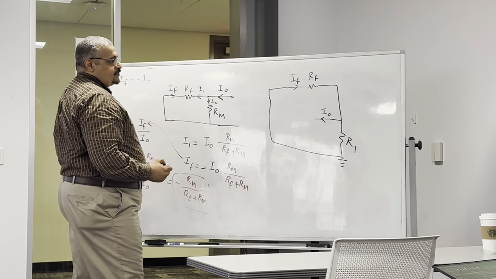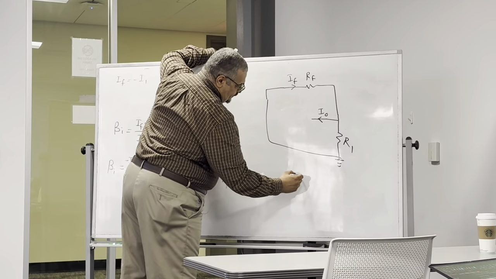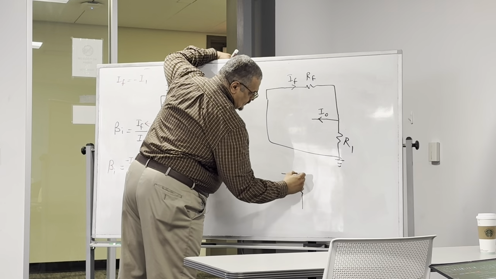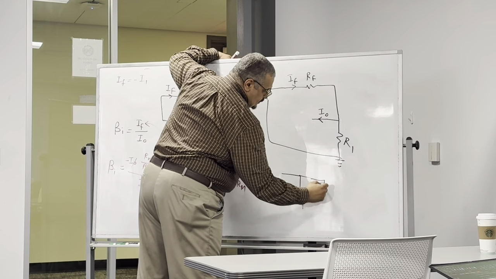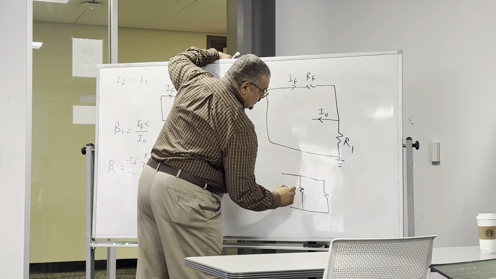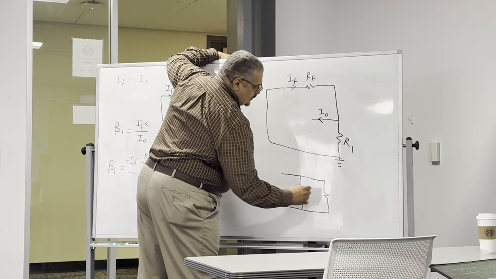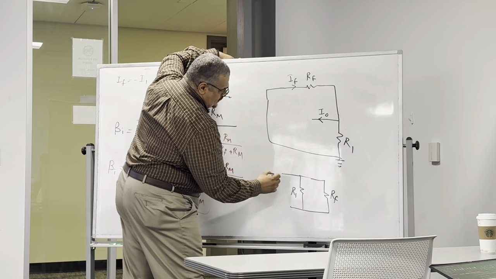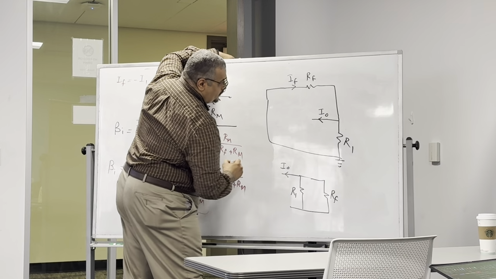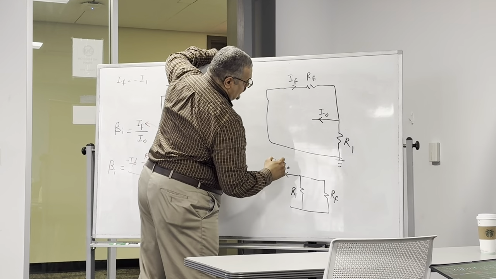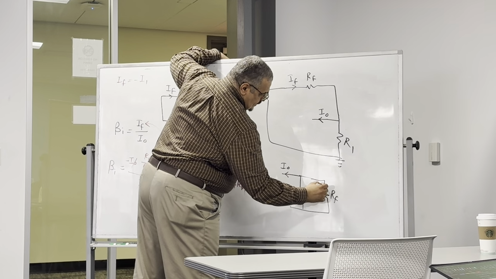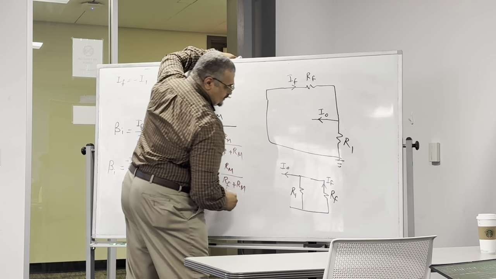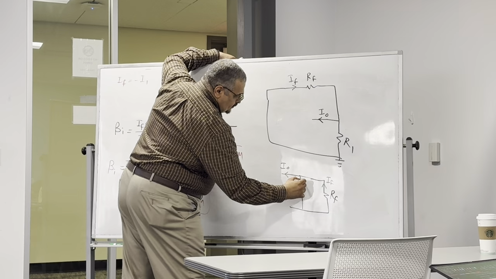In this case, you will have something like this. So this is R1, and this is RF, and this is the current IO, and this is the current IF, and this is the current I1.